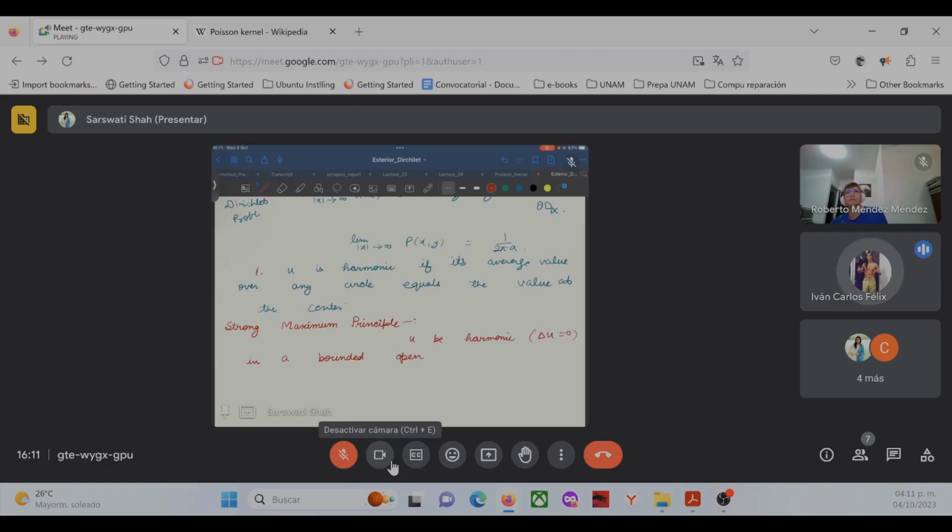I have a question. How do we call the functions that satisfy the Poisson equation? Hyperharmonic or something? Harmonic, yeah. Harmonic is for the Laplace equation, right?